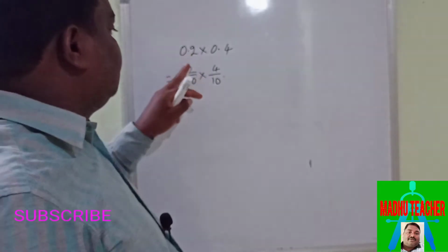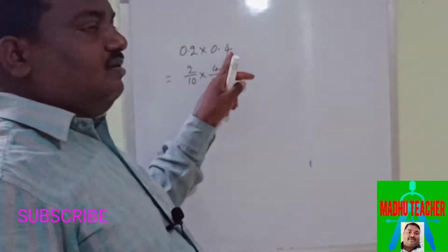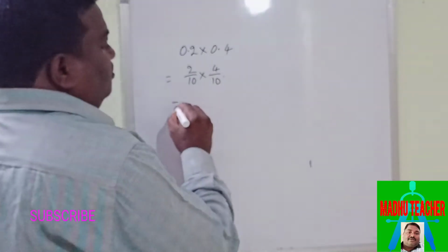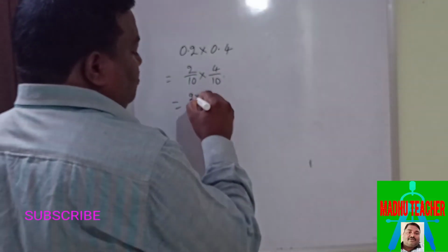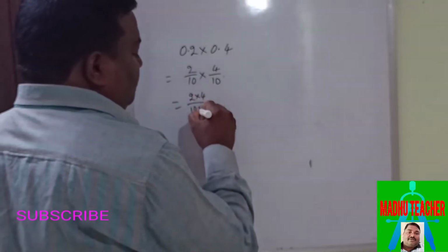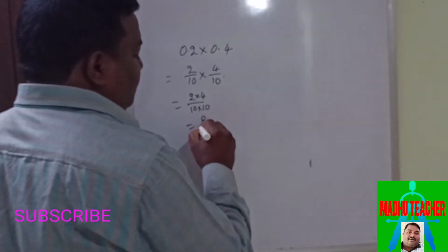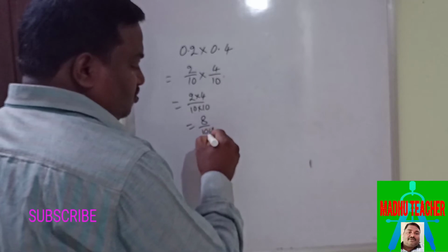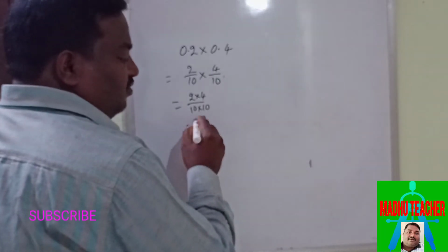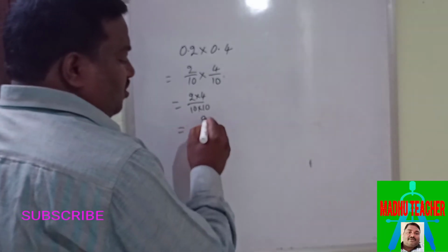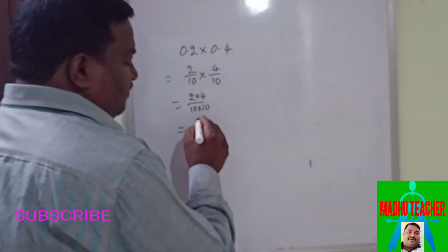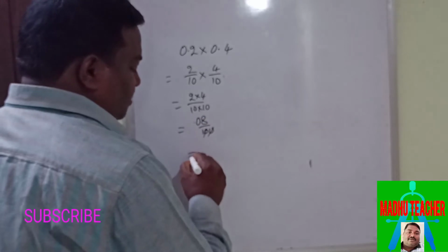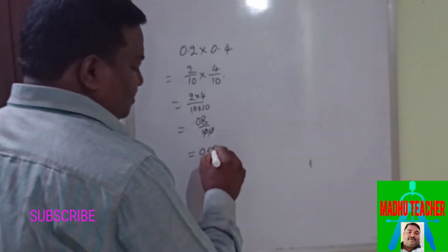Here if you remove the point, 10 comes. That equals numerator into numerator, 2 into 4 by 10 into 10. That equals 8 by 100. So here 2 zeros cancel, put point before 2 digits, but we have only one digit. For the other digit, put a 0 and point. That equals 0.08.